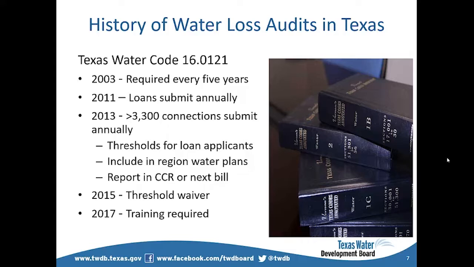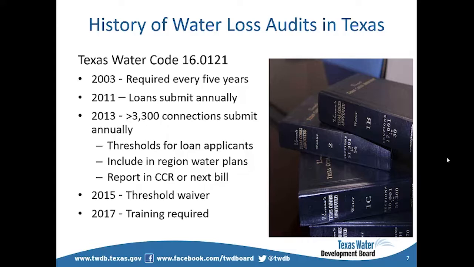In 2015, the legislature and us, we realized that the thresholds did not take into account the fact that some utilities may already be doing something to mitigate losses. And of course, as many utilities know, it doesn't take just 1 year to lower your water losses.